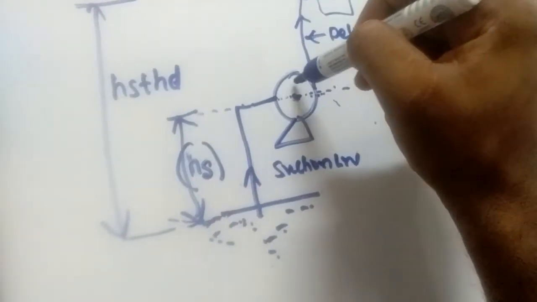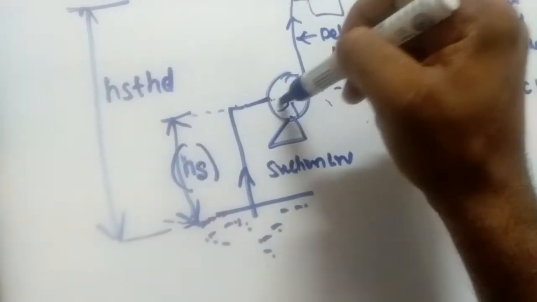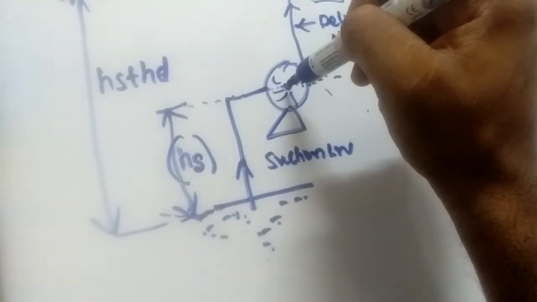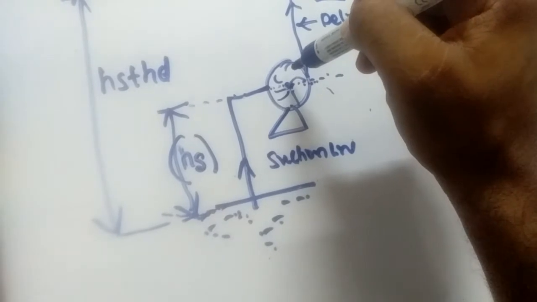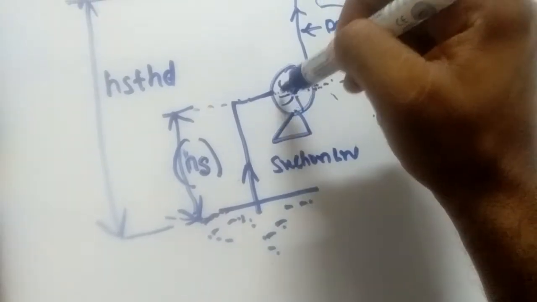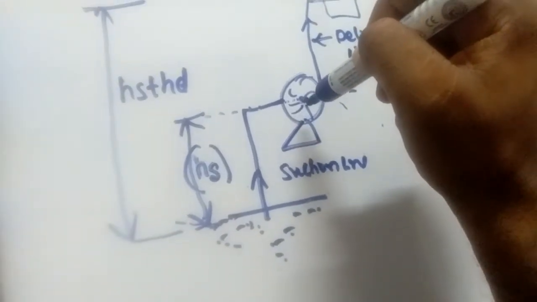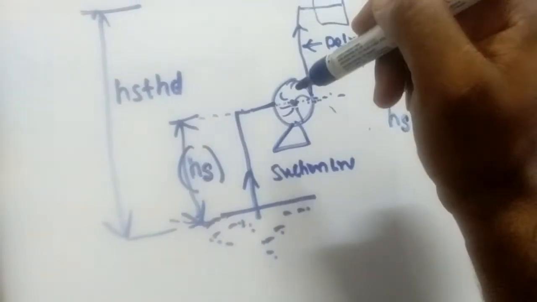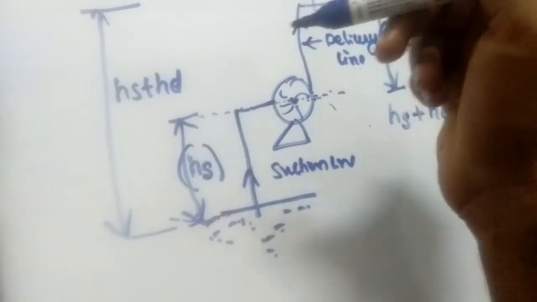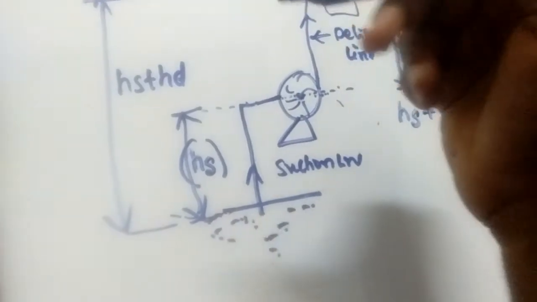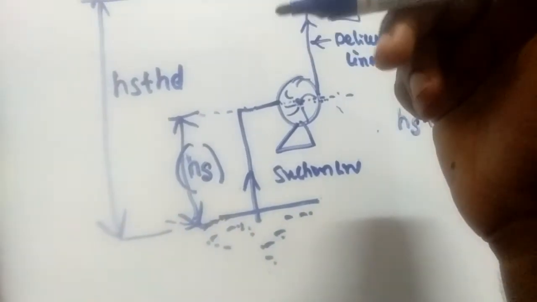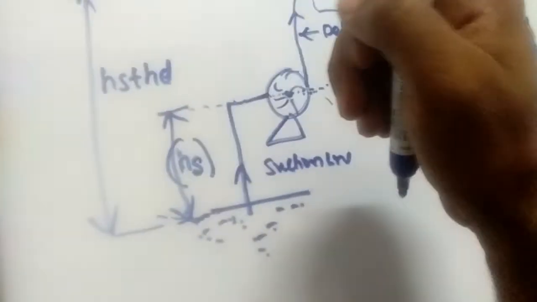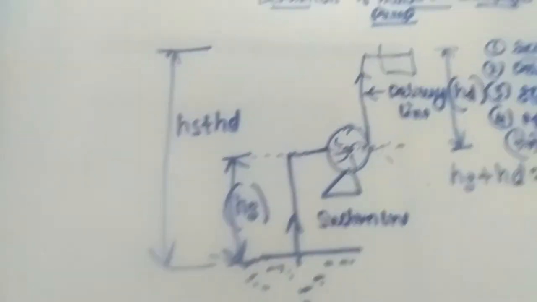This head is given by the pump to the water to overcome losses, the head losses. That is called manometric head.